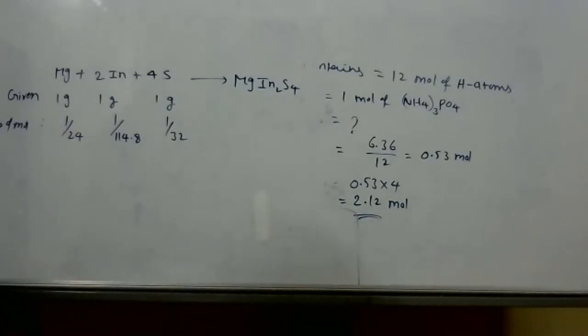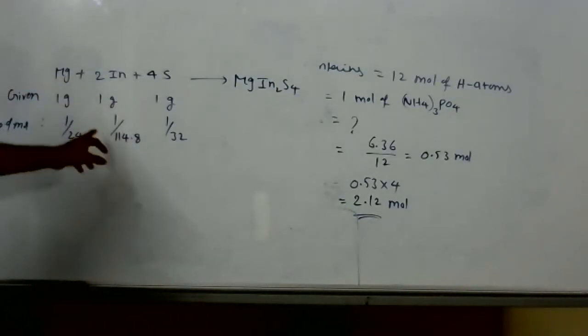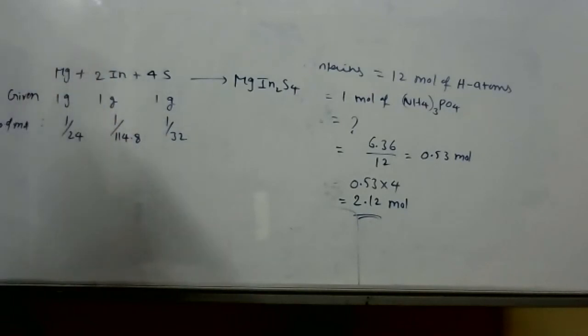First calculate the number of moles. No doubt indium gives the smallest number of moles, but 2 moles are actually required. So that is going to be the limiting reagent.